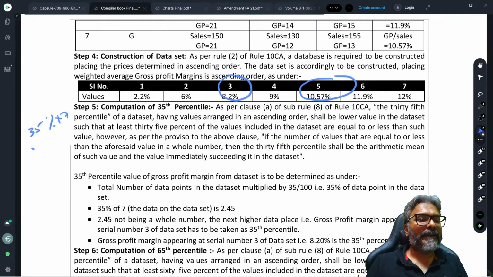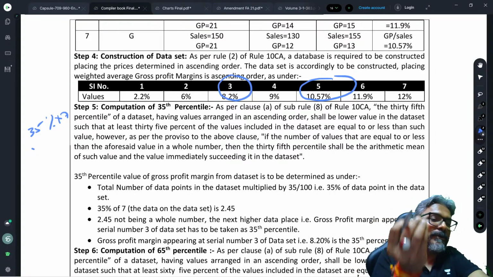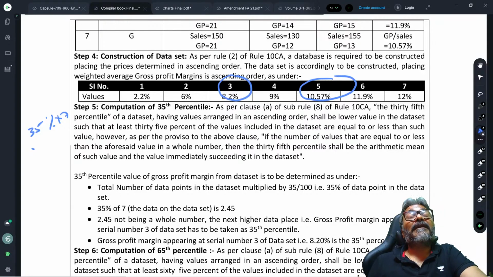Are you falling within the range? You have shown only 2%, students. So you can see for yourself and tell me one thing: are you falling within the scope of that range? No. Yours is only 2%. Your resale margin is only 2%, whereas the minimum resale margin we were expecting is 8.2%. And yours is only 2%.